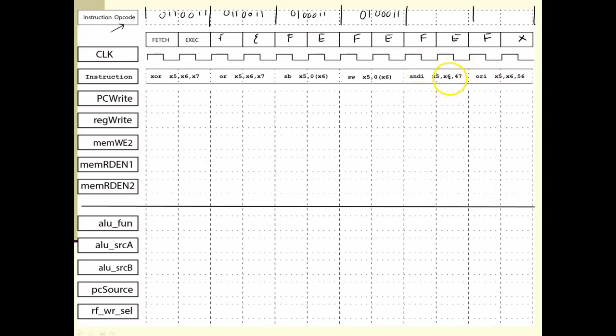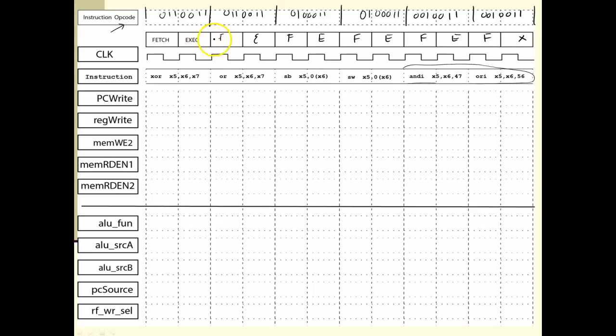Okay, the ANDI, I know they're going to be the same. They're 2 immediate type instructions. So I'm going to pull this off the spec, 0010011. Okay, and that looks good. So I mean, a bunch of 1s and 0s. I don't know how instructive that was, but I did it anyway.